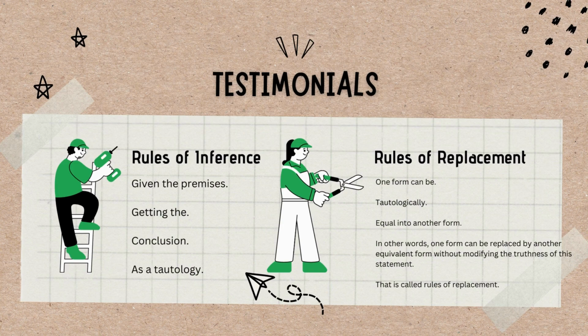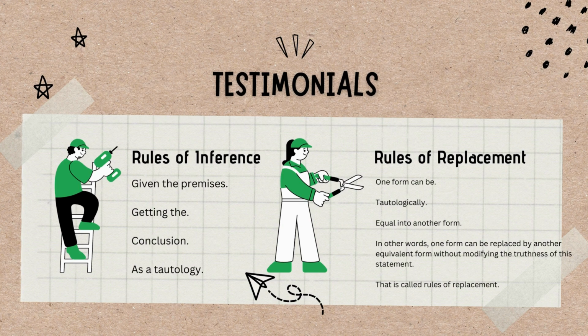So, what is the difference between rules of inference and rules of replacement? Why didn't they add the extra rules to the inference rules, and instead give a new name, rules of replacement? In rules of inference, given the premises, we get the conclusion as a tautology. In rules of replacement, one form can be tautologically equal to another form. In other words, one form can be replaced by another equivalent form without modifying the truth of the statement.